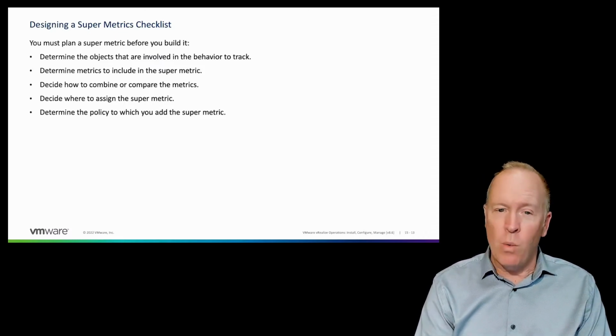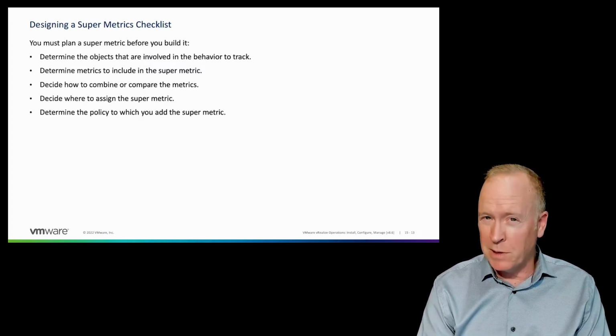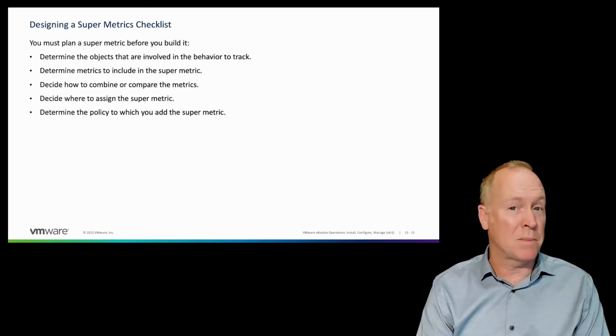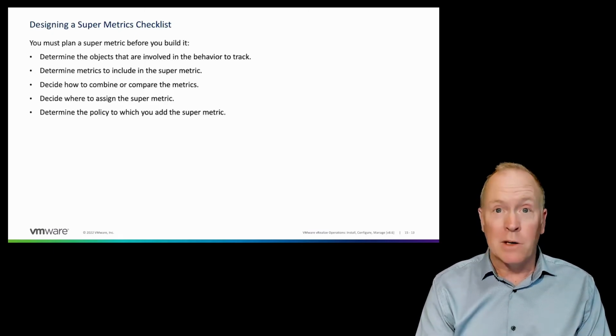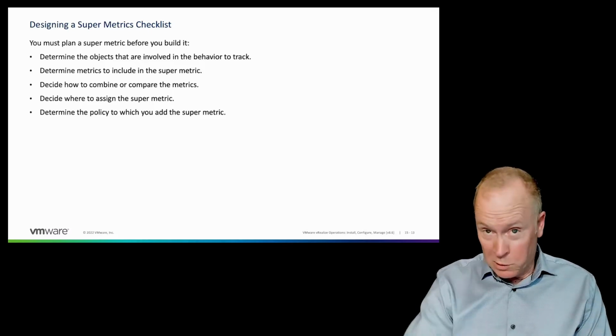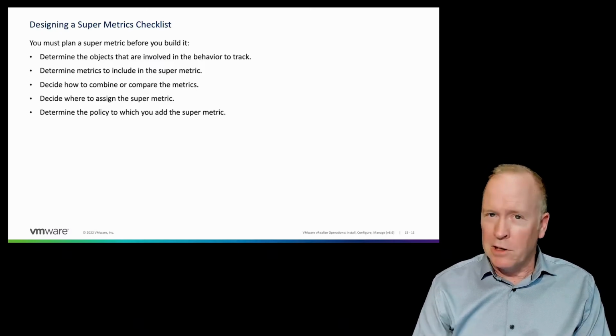Additionally, you need to think about where you're going to assign the supermetric. Again, the place where the performance metrics reside may not be the same place where you plan to apply or assign the supermetric. So understanding those 2 levels is what's going to help you to calculate that depth value we mentioned a few moments ago. And additionally, you're going to need to make certain that you enable your supermetric to be calculated.